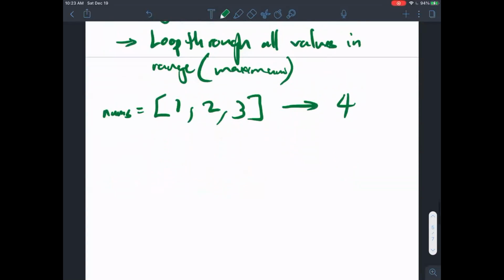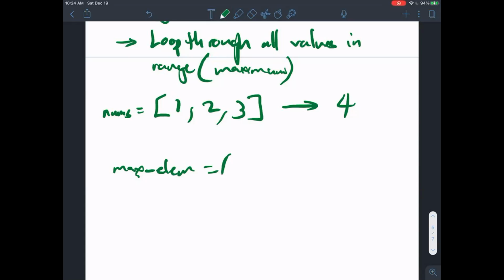You go through the array and compare values, keeping track of the max. For example, you can start with the max element equal to 1, and as you look through the entire array, you compare: 1 to 1, then 2 to 1.